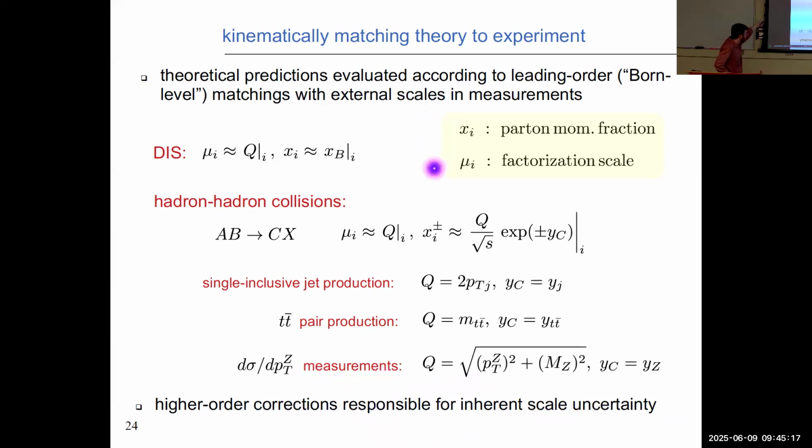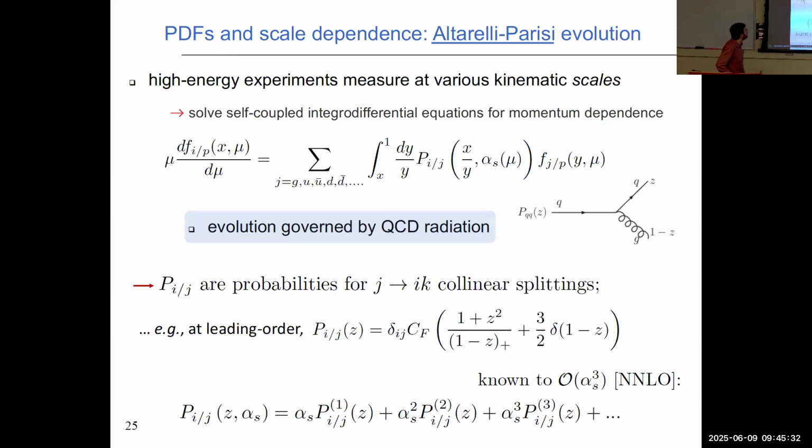Because in general, these matchings, as I keep saying, are entirely leading order. But if I were to carry them out more systematically to higher orders, I would get a somewhat different result. And so there's a higher order uncertainty that is relevant and something we care to calculate in general.